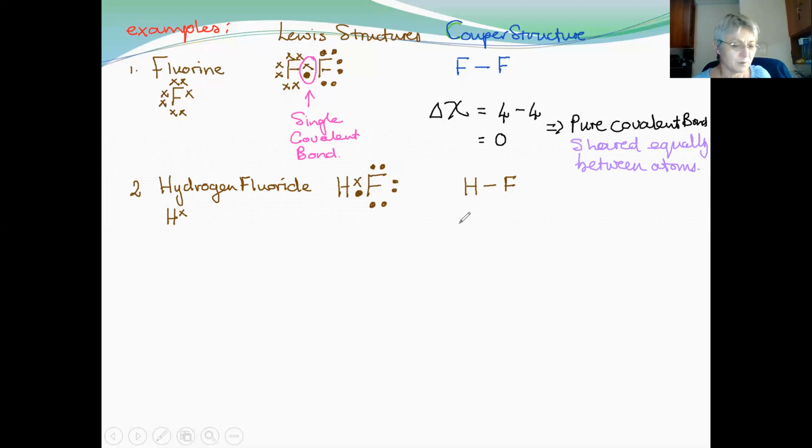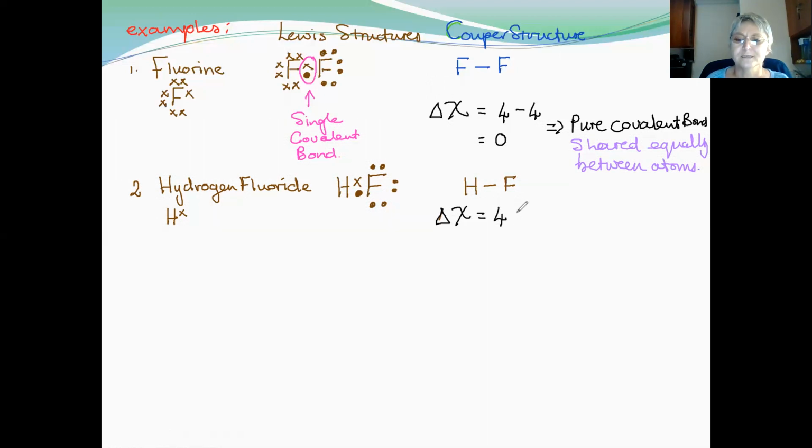Now, the plot is thickening a little bit. We want to determine whether this is a pure covalent bond or not. So what we do is we calculate the difference in the electronegativity between the atoms. So fluorine's electronegativity is 4.